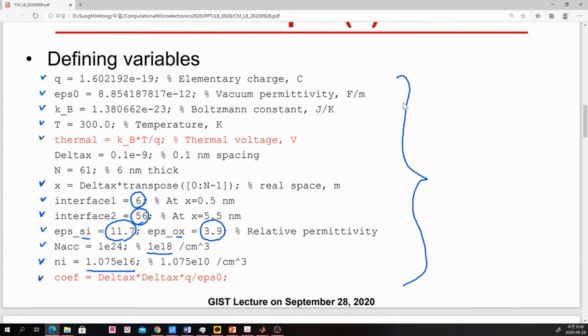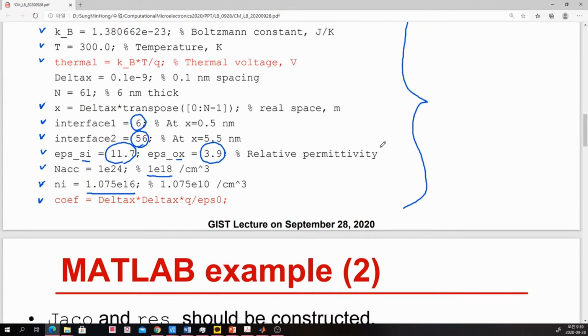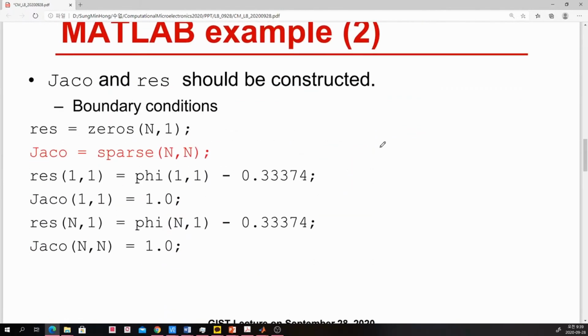You don't have to explicitly define it. So these are all defining certain variables. And let's go to the inside of our Newton-Raphson iteration.